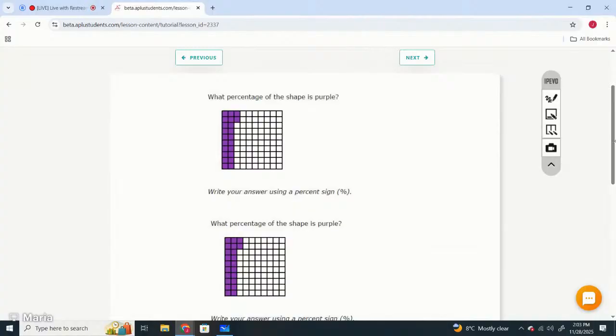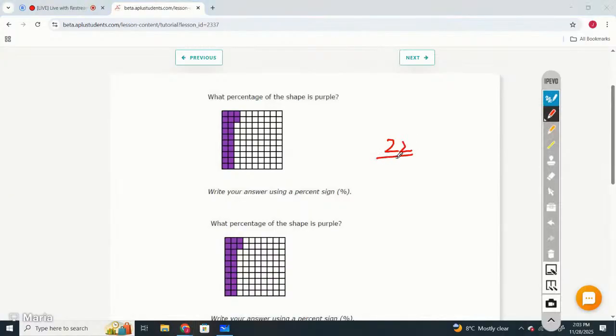So 10, 20, 21 and 22. 22 out of 100 are purple, right? So 22 out of 100 we can write as 22%. So 22% of the shape is purple. Got it? The correct option is 22%.